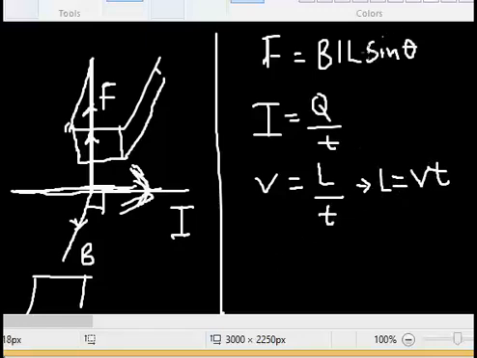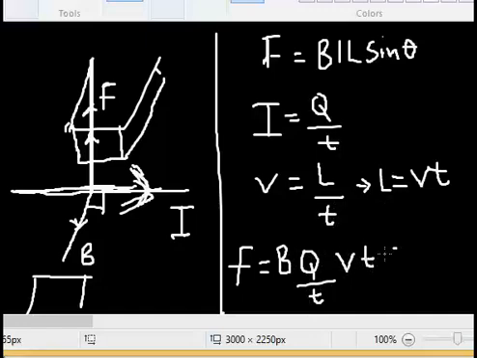Putting those into the formula, force is equal to B, the magnetic flux density, multiplied by the current, which is Q over T, then multiplied by the length, which is Vt, then sine theta.